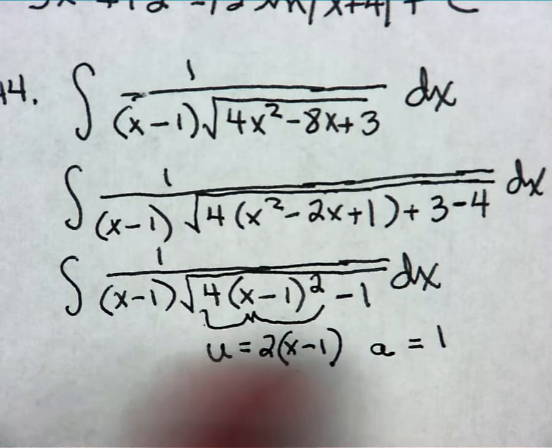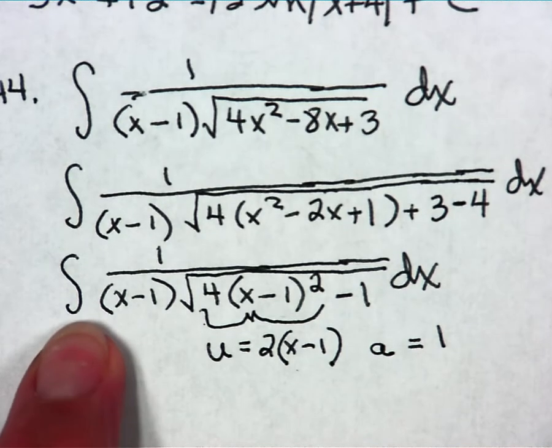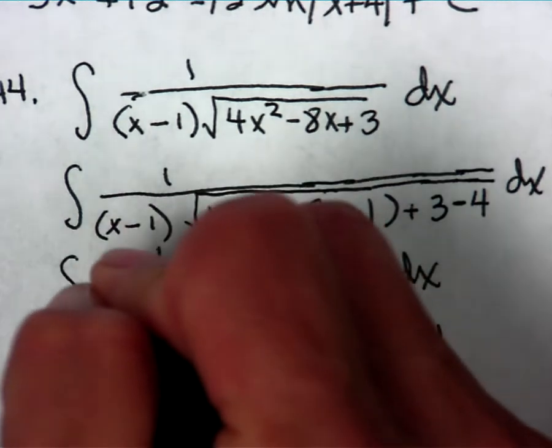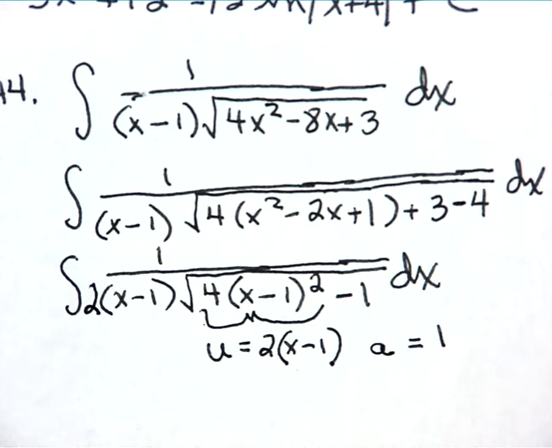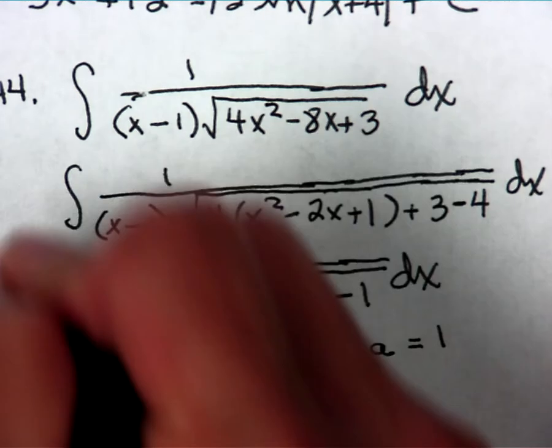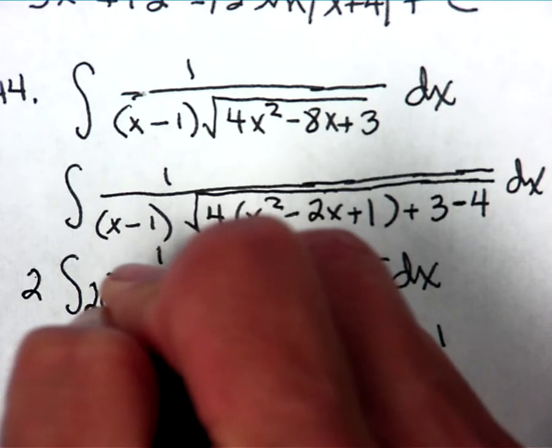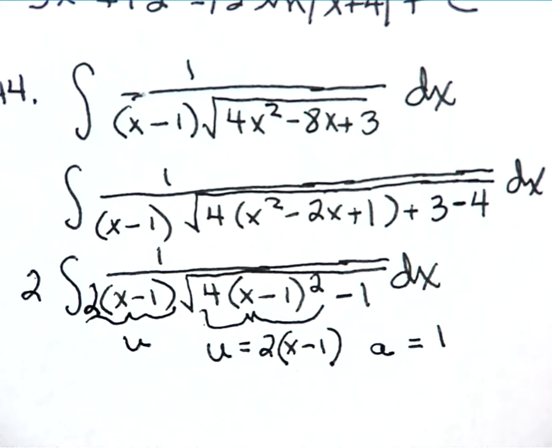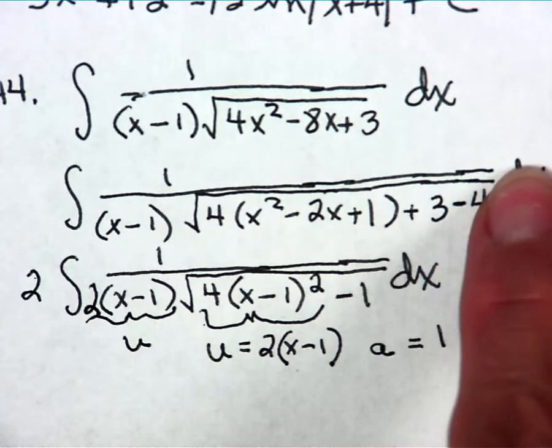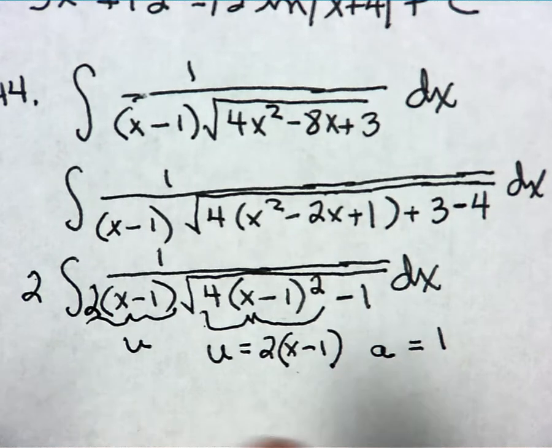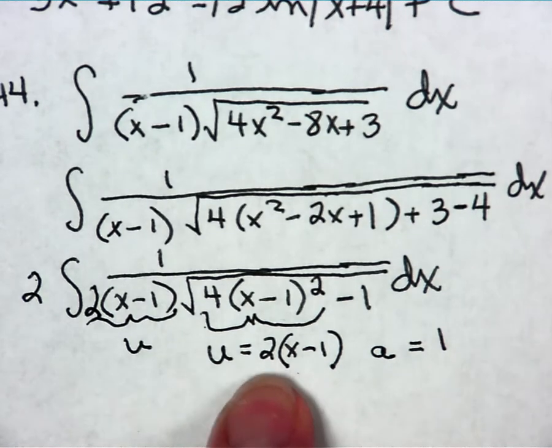But to integrate this, I have to have u outside the radical, and to make that equivalent to the line above it, I'd have to do what? Multiply the outside by 2. So I'm really doing everything very carefully. I have 2 times 1 over u, and then I have u squared, and then I have a.